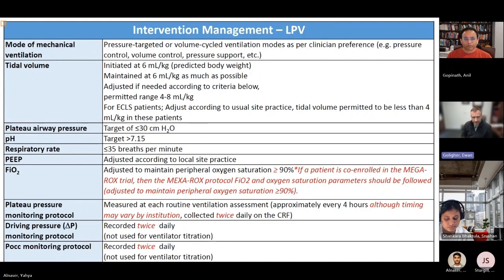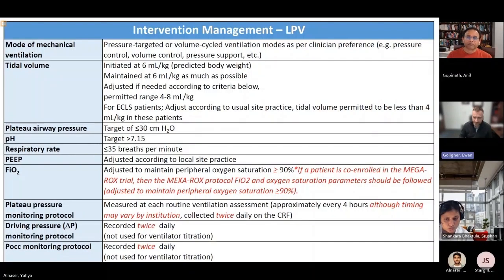In terms of monitoring, the plateau pressure should be measured at each routine ventilation assessment. In many ICUs, that's about every 4 to 6 hours. So, at each routine ventilation assessment, you'd measure the plateau pressure and make sure the patient's on target. Although in the CRF, we're only recording it once in the morning and once in the evening.